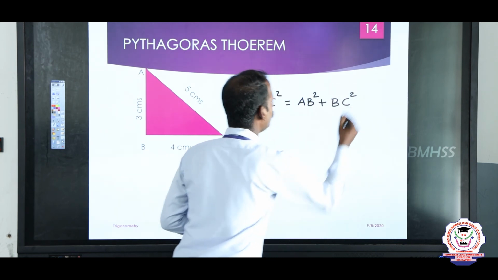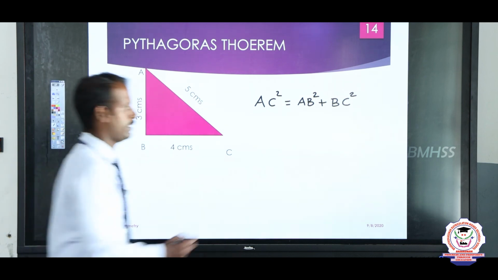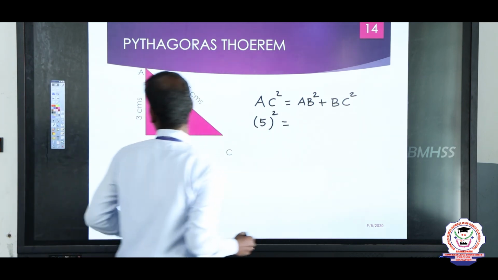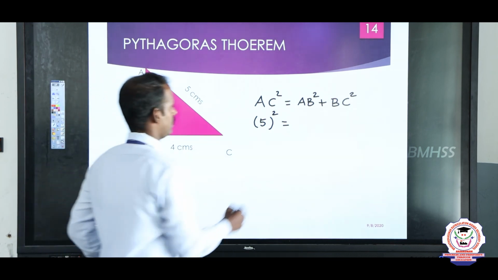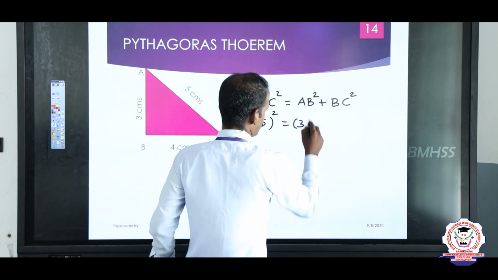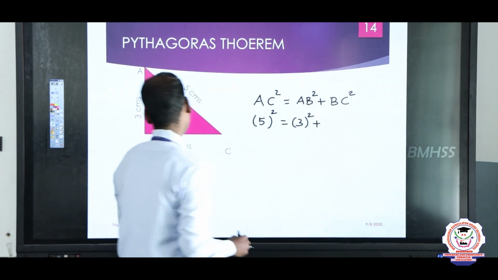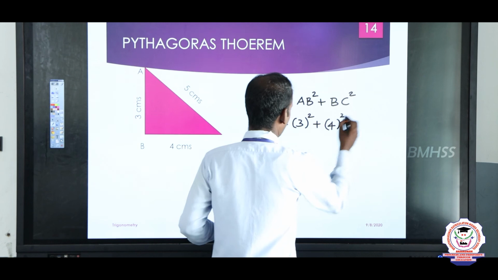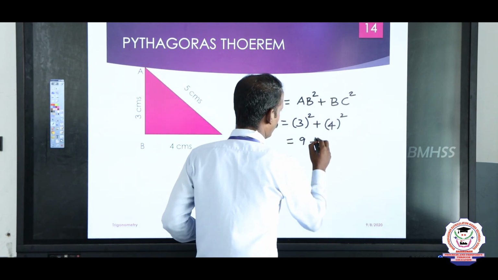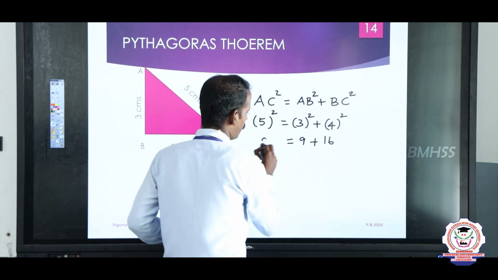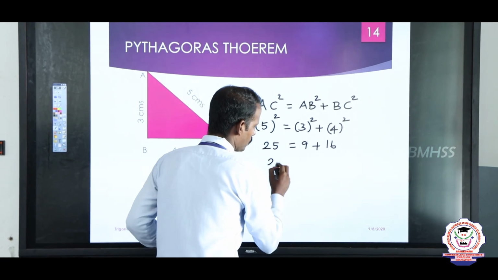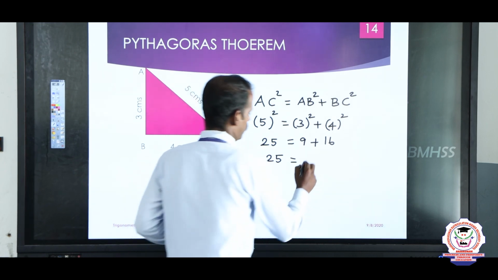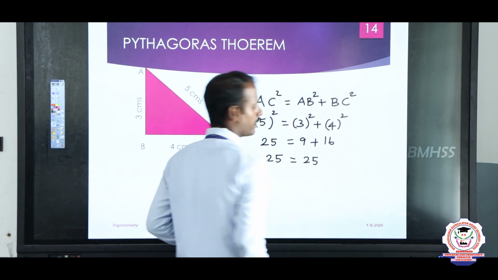AC is 5 cm, so 5 square equals AB, which is 3 cm, so 3 square, plus BC, 4 cm, so 4 square. 3 square is 9, 4 square is 16, and 5 square is 25. So 25 equals 9 plus 16, which is 25. So the Pythagoras theorem is satisfied.